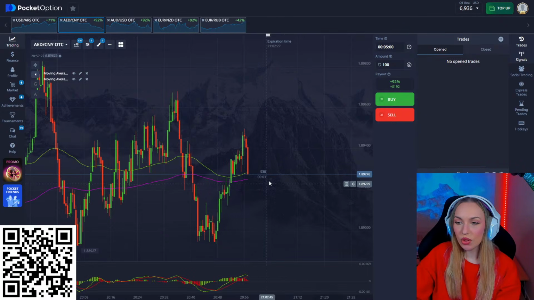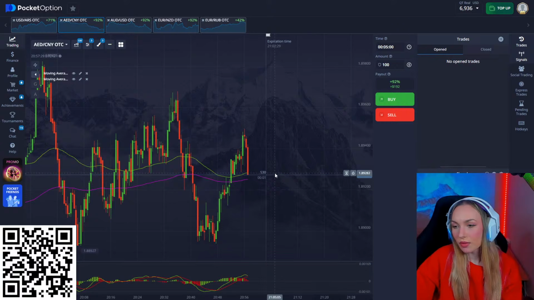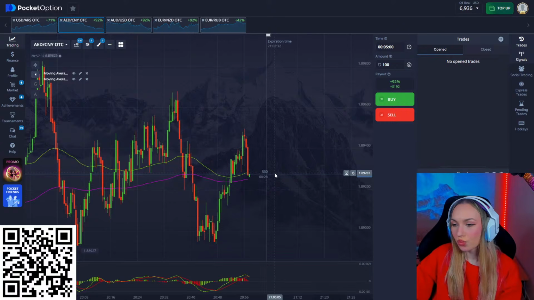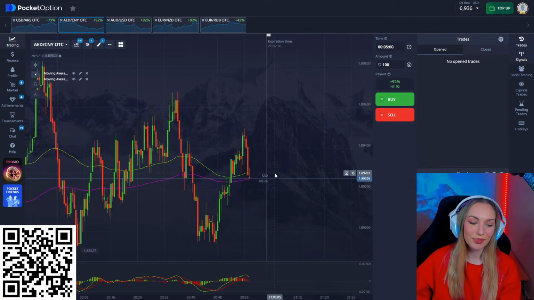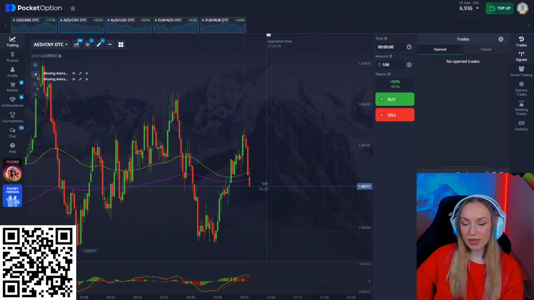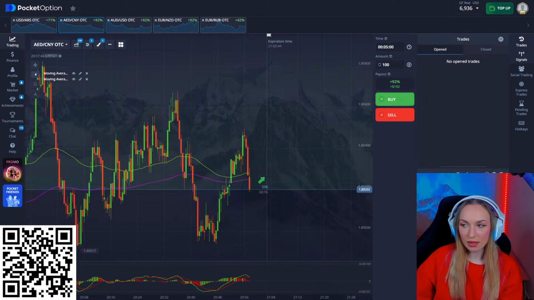And here is a huge candle. And MACD lines are already touching each other. So, oh, it goes super fast in the downward direction, to tell the truth.